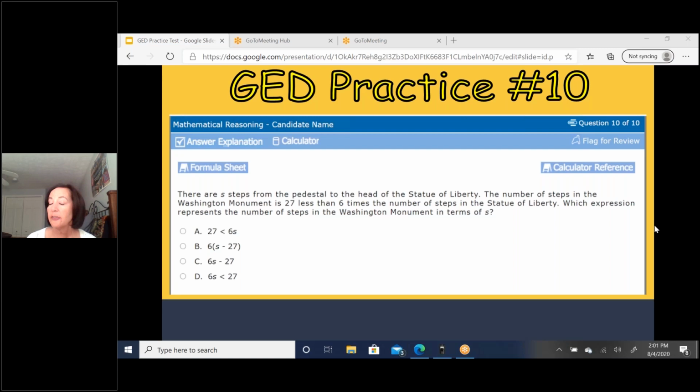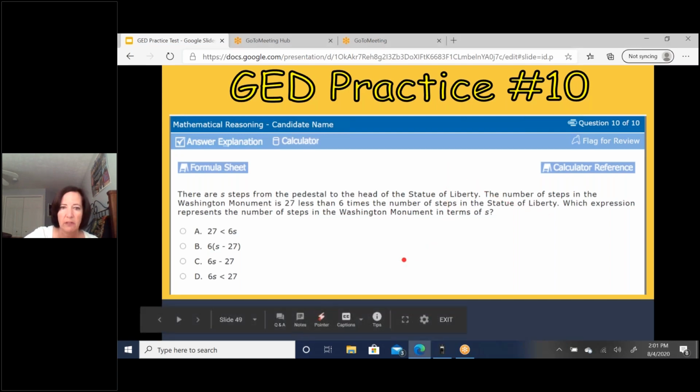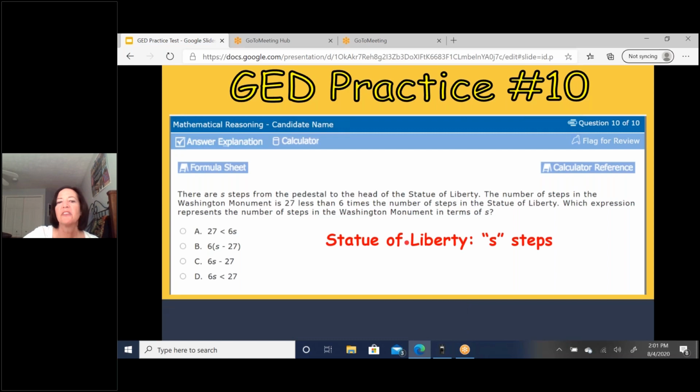So again, there are a number of videos talking about how to turn words into a math equation. But the first thing I like to do is write down my knowns. The Statue of Liberty, they told us, has S steps.